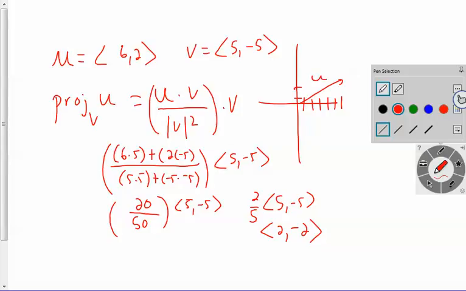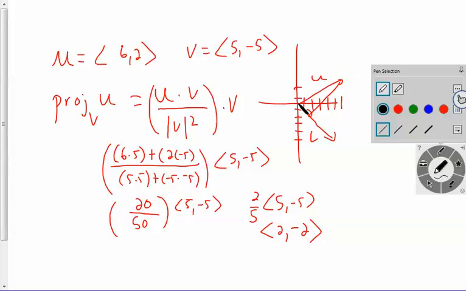And then v is (5, -5): over 5, down 5, and it comes way out like that. That's v. If I draw the perpendicular down like that, my projection vector is right here. That's the new one, (2, -2).